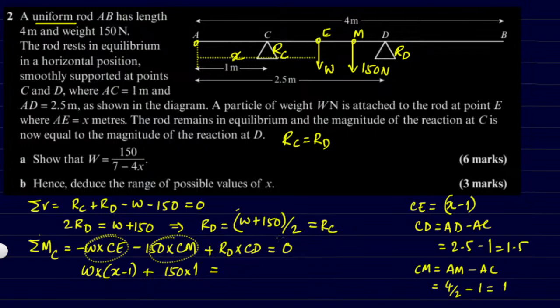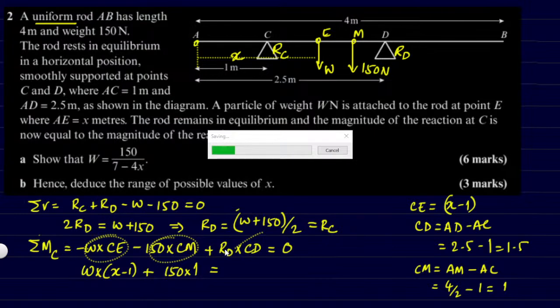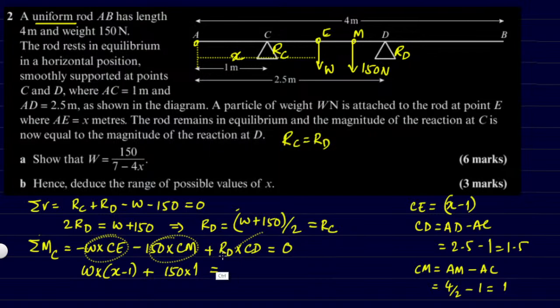RD value we got here, so substitute RD. W plus 150 by 2, this is the value of RD, into CD.